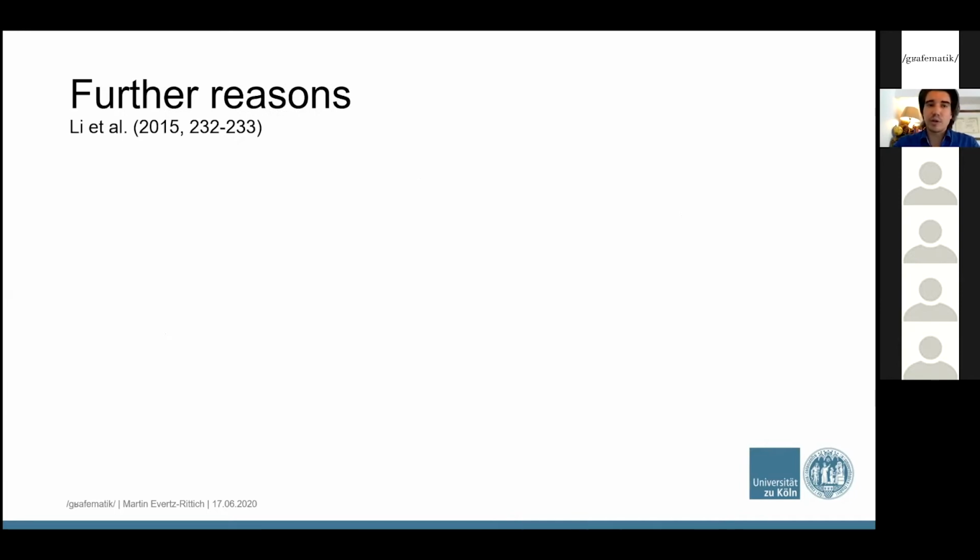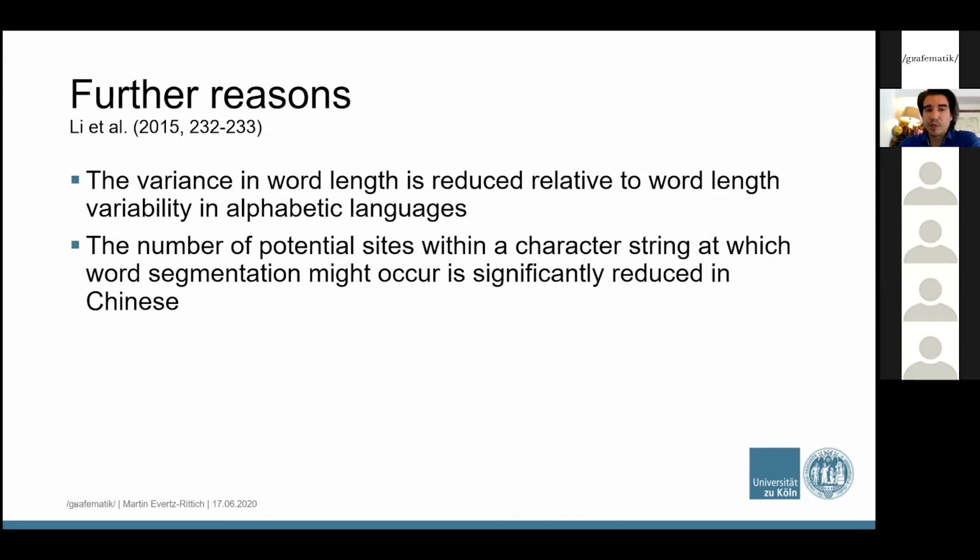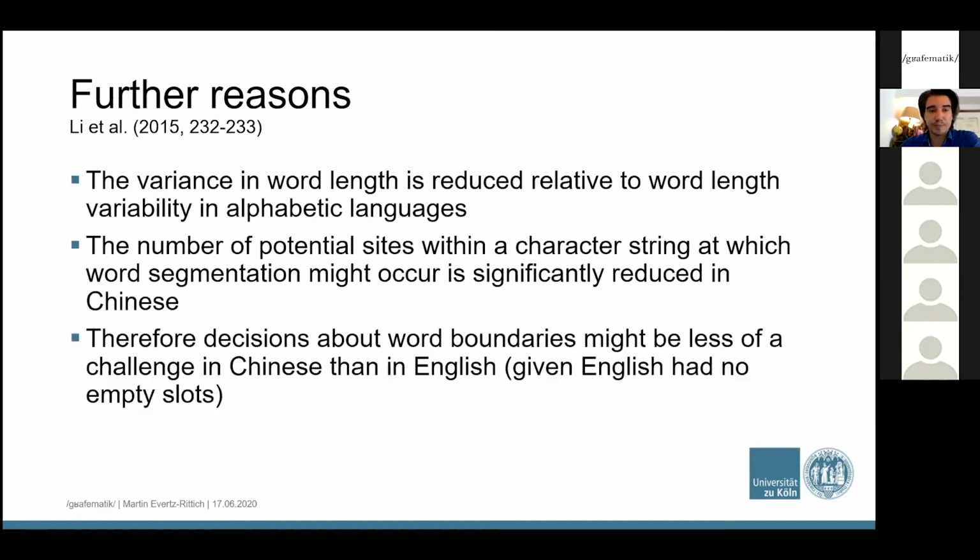There are also probabilistic reasons, as Li et al. pointed out. The variance in word length is reduced relative to word length variability in alphabetic languages. So the number of potential sites within a character string at which word segmentation might occur is significantly reduced in Chinese, bearing in mind that 97% of tokens consist of only 2 characters.